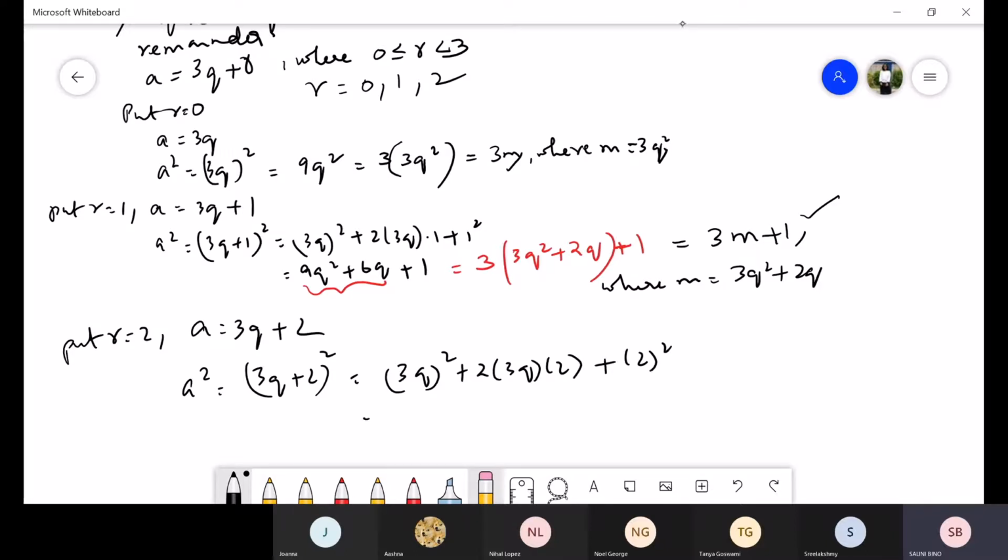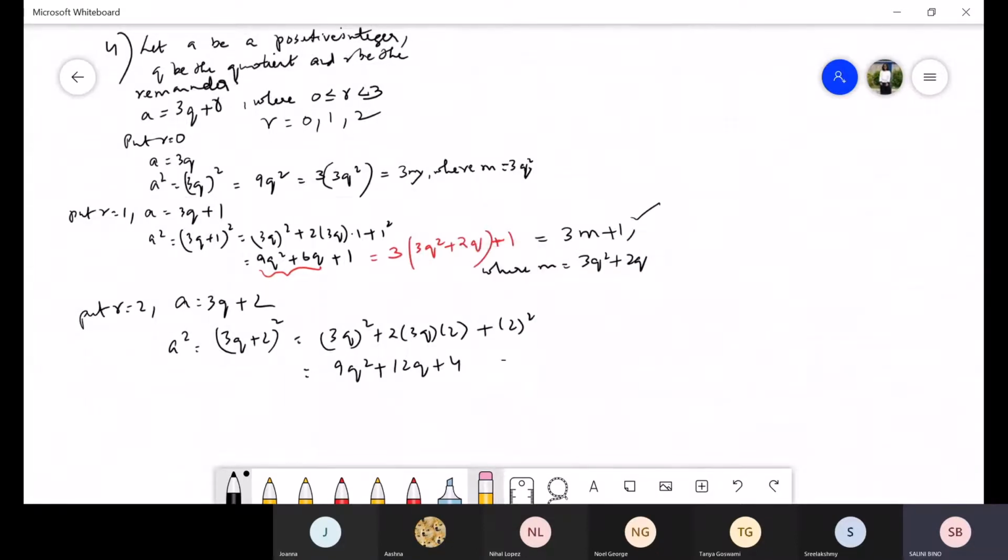So it will be 9q square plus 12q plus 4. Now I'm going to write this as 9q square plus 12q plus 3 plus 1. Why? Because we need 3m or 3m plus 1.